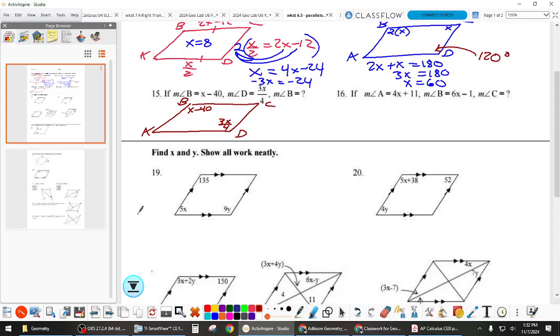And what is true about those two angles? Good, they are opposites, so they're congruent. So x minus 40 equals 3x over 4. We have that same situation as we did right here, where we have a denominator. So we need to multiply by what?